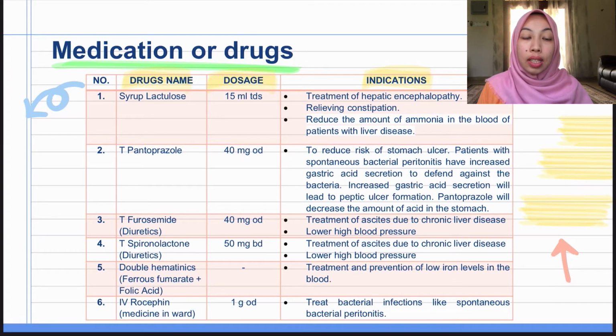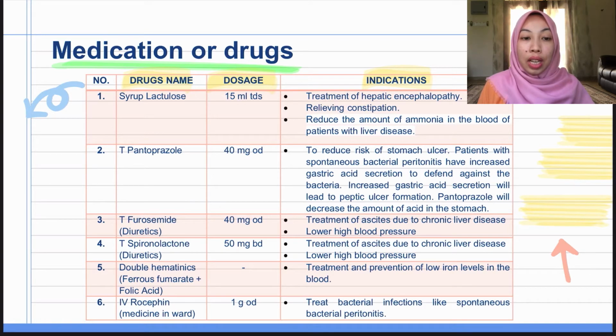Next is 40 mg of furosemide and 50 mg of spironolactone, also taken by Mr. T once daily. The combination of furosemide and spironolactone is used for the treatment of ascites due to chronic liver disease and also to lower high blood pressure. For your information, furosemide and spironolactone are types of diuretics.